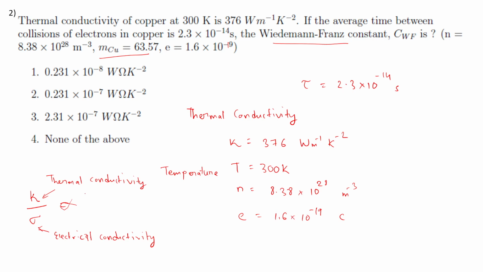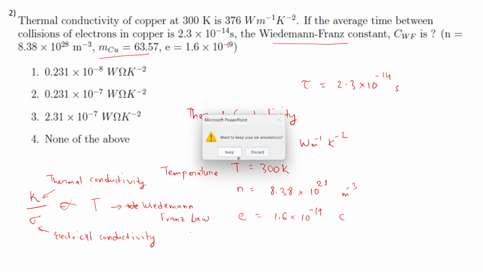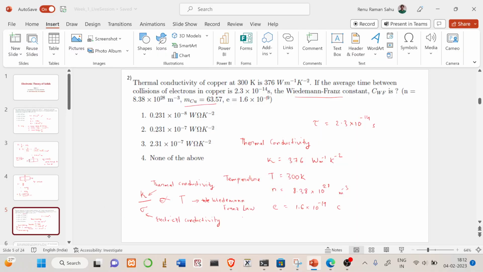This was first determined experimentally. This is the Wiedemann-Franz law, and the constant of proportionality is your Wiedemann-Franz constant.